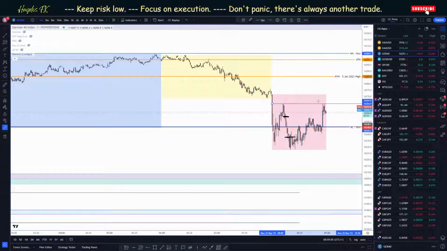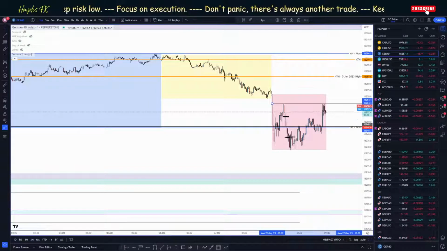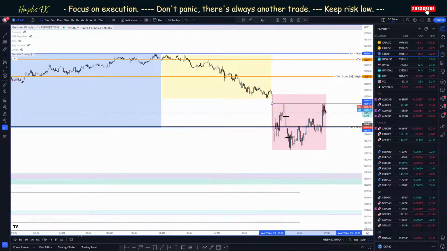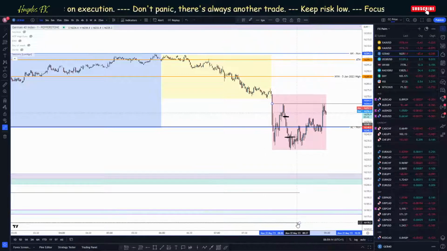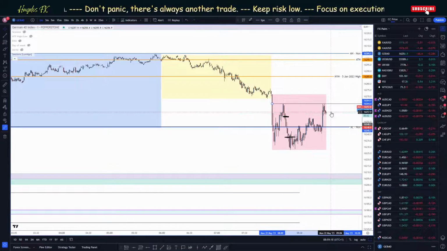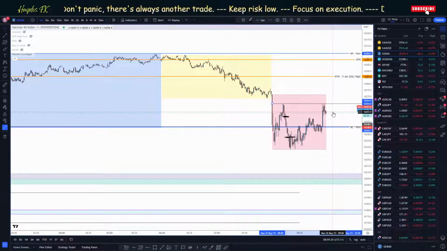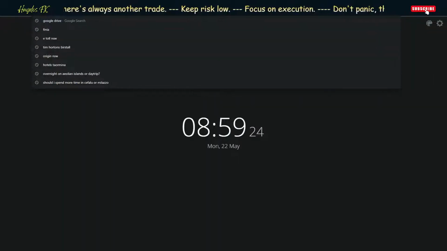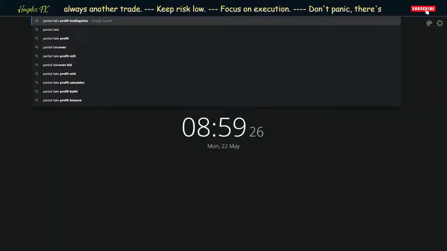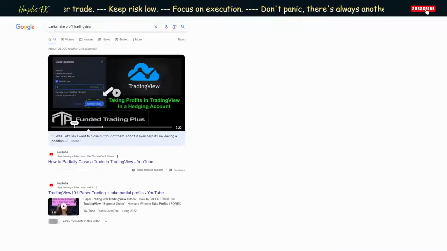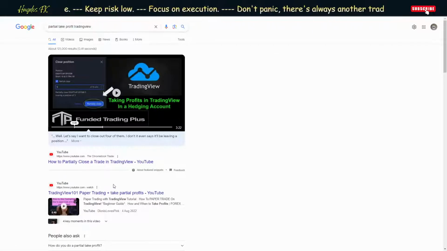TradingView. Someone help me out here, I'm not sure actually. I don't trade on TradingView. If there's partial take profits, I think you can manually do it. Yeah, manually, yes. I'm not sure if you can automate it. If it is the premium version, is that function available? I think so.